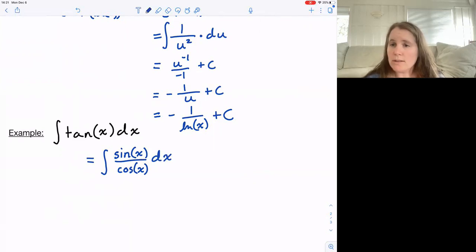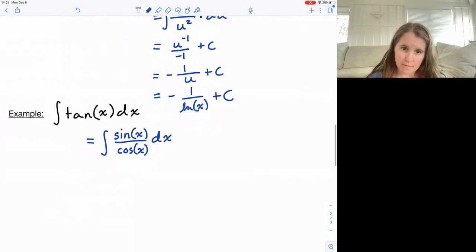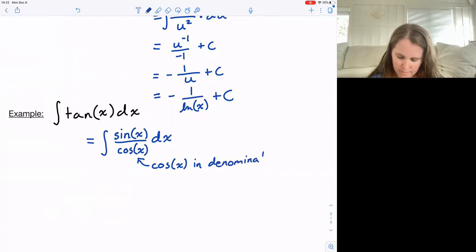Then we have a cosine in the denominator, right? And sine is more or less the derivative of cosine, right? It just has a negative. So cosine is in the denominator, so it's essentially a 1/u situation.